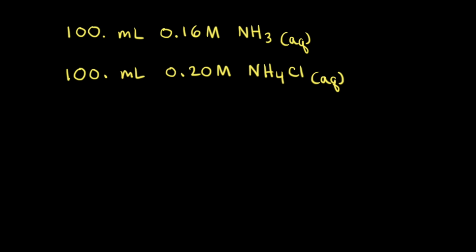Let's look at another method for making a buffer solution. In this case, we're going to mix an aqueous solution of a weak base with an aqueous solution that contains the conjugate acid to the weak base. In this example, our weak base is ammonia, NH3. The conjugate acid to ammonia is the ammonium ion, NH4+.